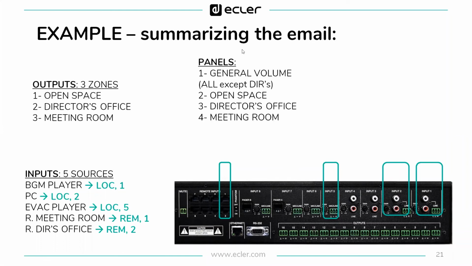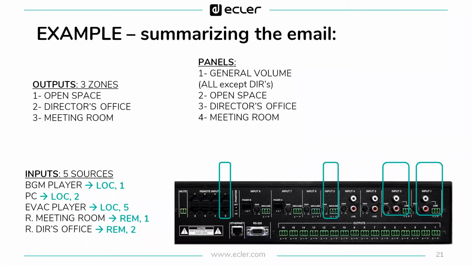Next thing are the panels, but these panels are the application panels, the pilot panels, all right? We identified that we need 4 different panels. One is the general volume that will affect all areas excepting the director's office. The other panel will control the open space, the open office.